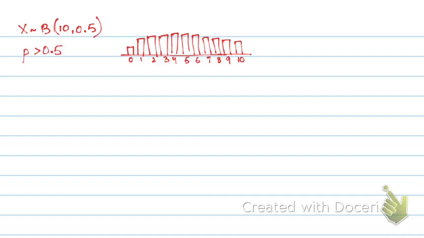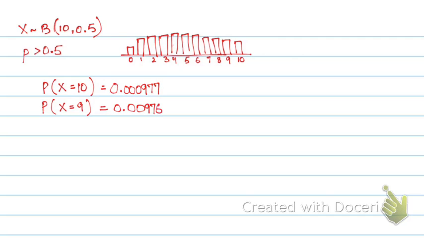Now in this case, probability of X equals 10 turns out to be 0.000977. Probability of X equals 9 turns out to be 0.00976.